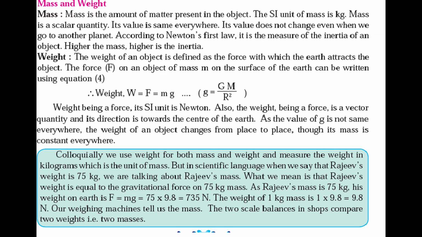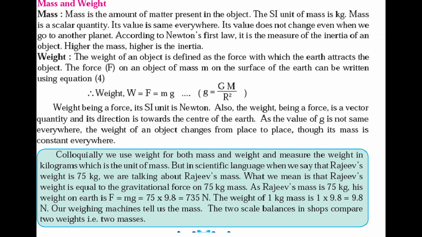In practical life, we use weight for both mass and weight, and measure weight in kilograms, which is the unit of mass. In scientific practice, however, when we say Rajiv's weight is 75 kilos, we are talking about Rajiv's mass. What we mean is that Rajiv's weight is equal to the gravitational force on 75 kilo mass.